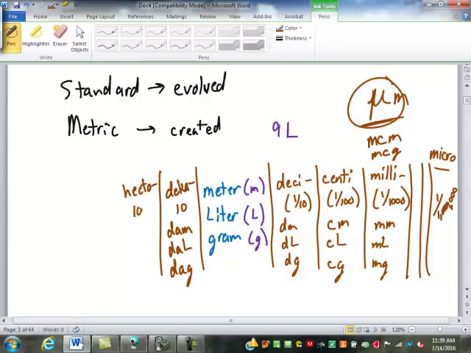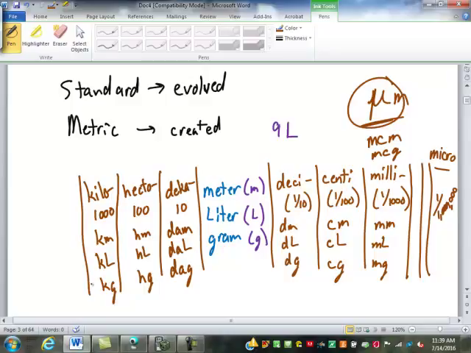Hecto meant 100. So HM was 100 meters, HL was 100 liters, HG was 100 grams. And kilo was 1,000. So KM was a kilometer, KL was a kiloliter, and KG was a kilogram.